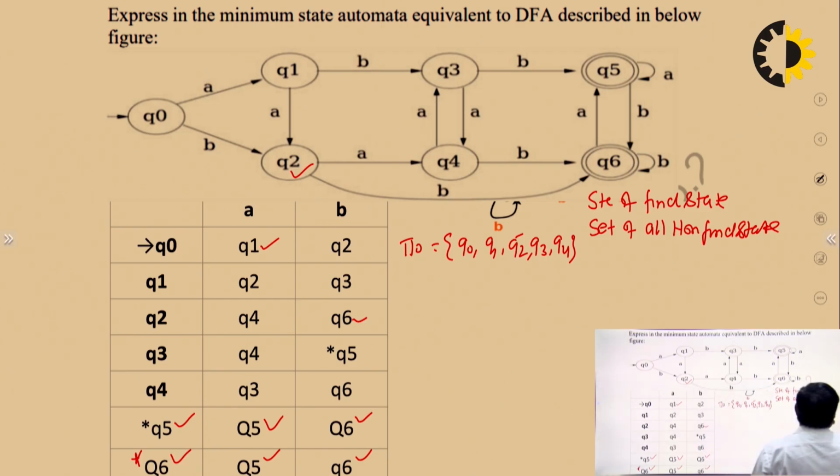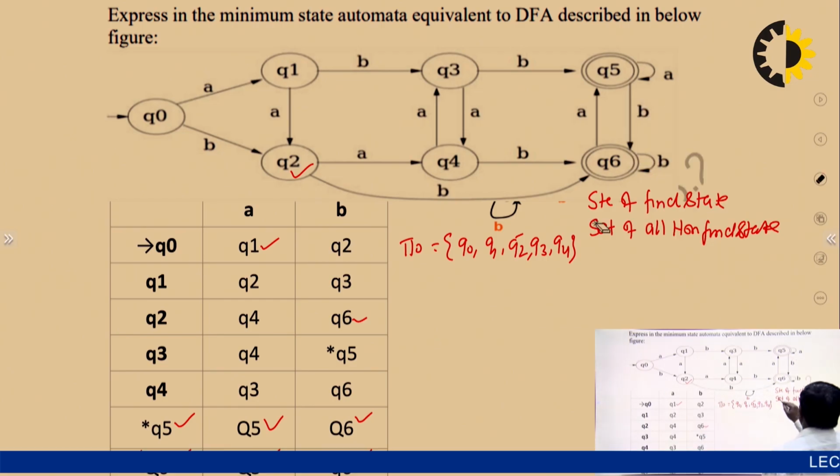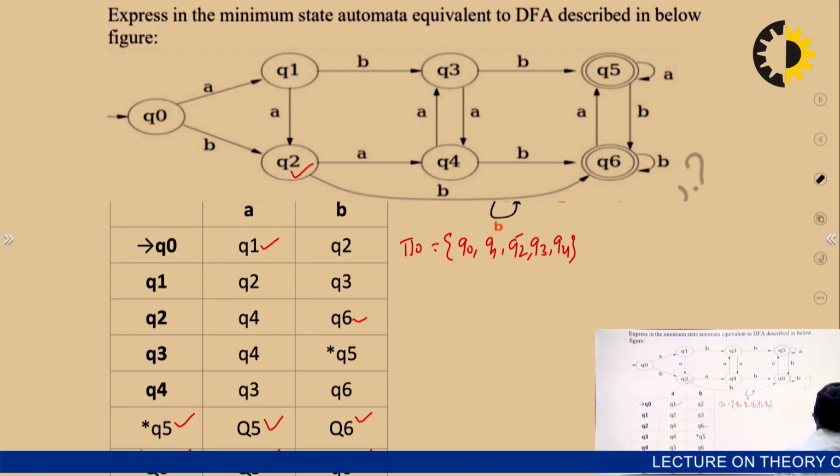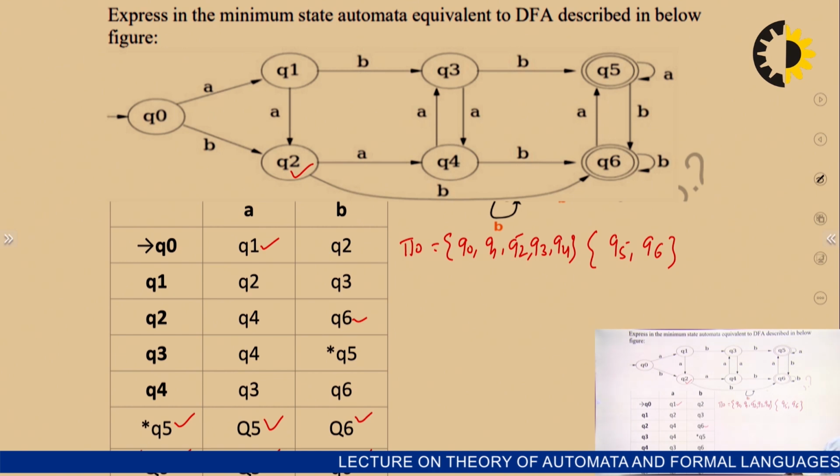And what is the final state? The set of final states has only two, that is Q5 and Q6. The first step, we classify all states into two groups, that is the set of non-final states and the set of final states.